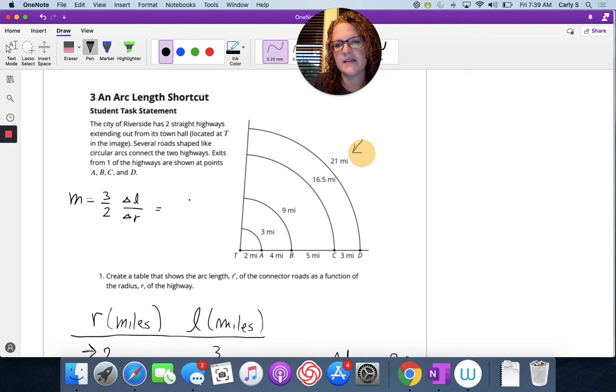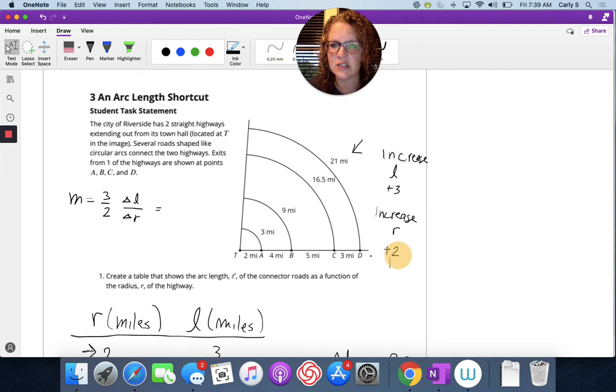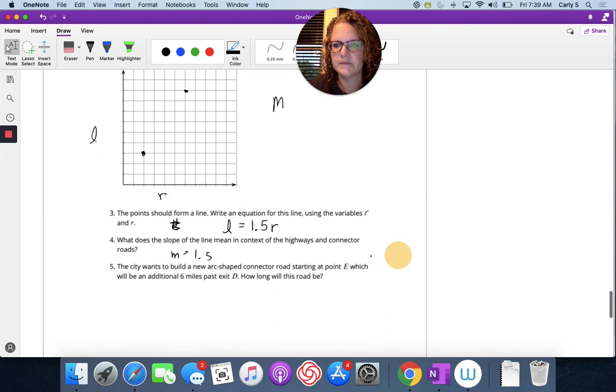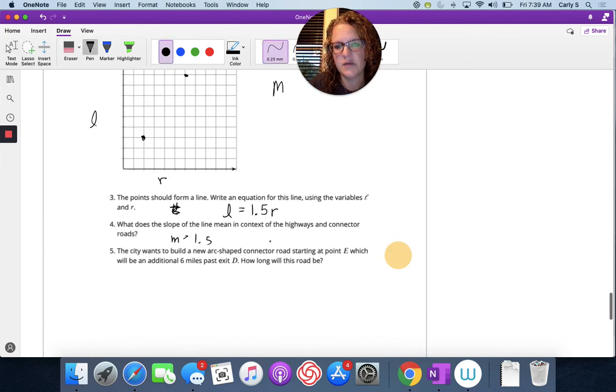So for every increase of L plus 3, we have an increase in R of plus 2. That's what slope means. It's your incremental change.